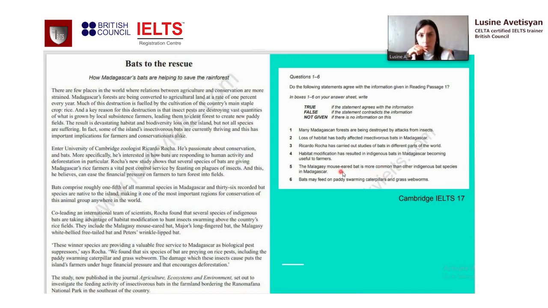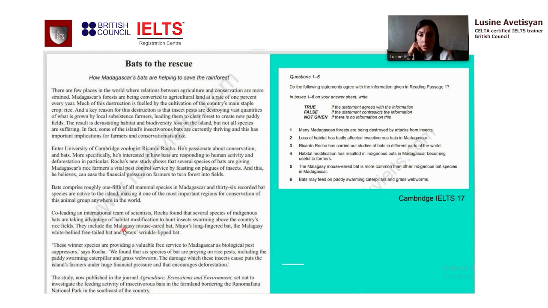Let's find mouse-eared bat in the passage. Here we are. They include the Madagascar mouse-eared bat, major long-fingered bat. This is the description of another one, another one, another one, and another one. So we are talking about some bat types, including mouse-eared bat.